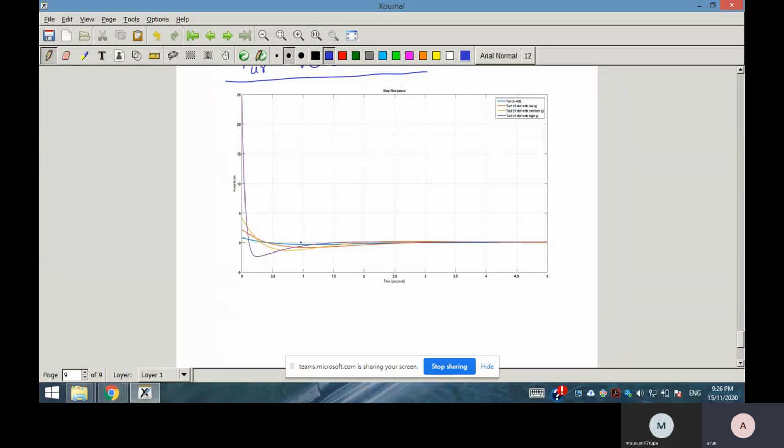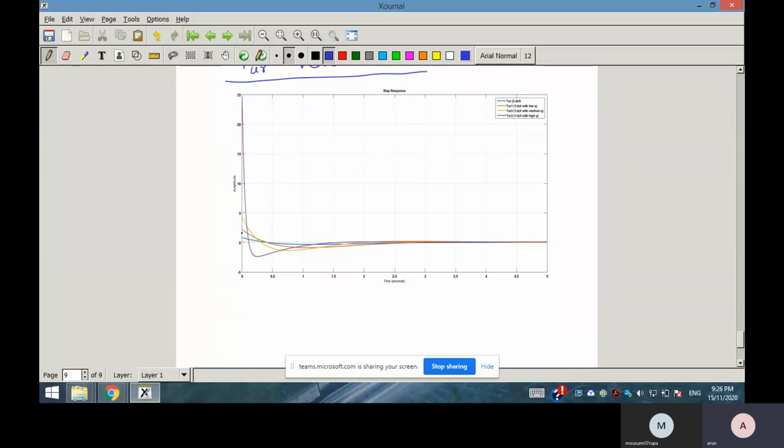For small values of Q, you can see the peak is more in case of 1 degree of freedom control. And if you increase Q, it reduces, but it is still much more than the peak value of control effort of 2 degree of freedom control.